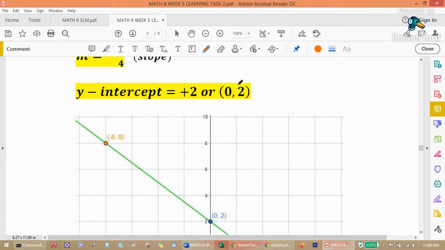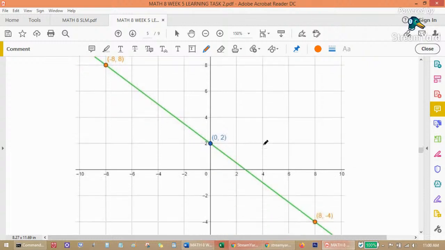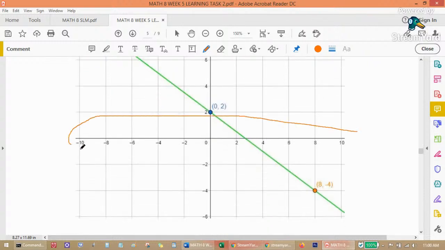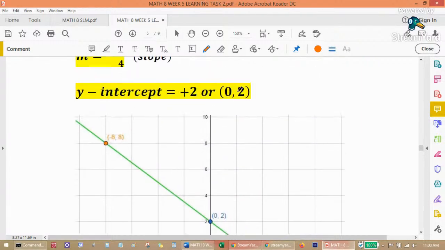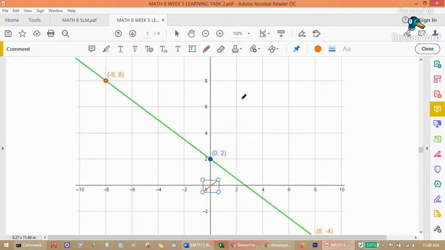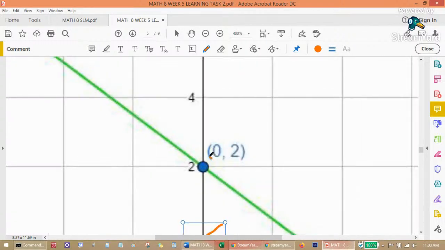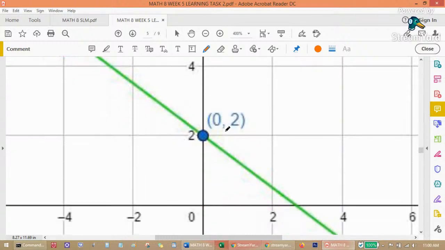Nasaan ulit itong y-intercept natin? X is 0 and y is 2. So, x is 0. Tigil tayo sa 0. And then, y is 2. Akyat tayo ng 2 units pataas. Therefore, yun yung y-intercept natin. Okay?